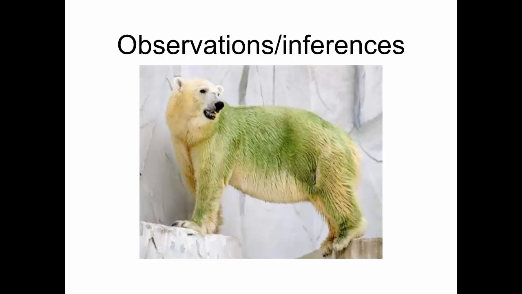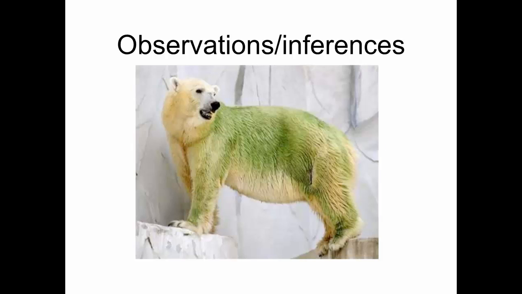What did you base that on? Or is that an observation? What would you say? I'd say observation. Alexandria? Is it Alaska? Okay, what is that? That's an inference. Good.